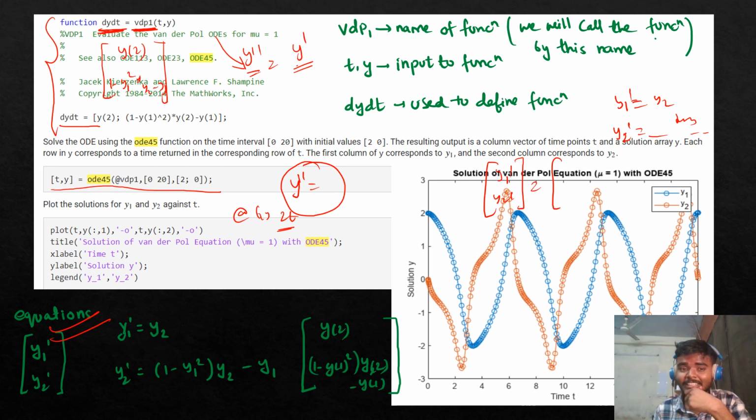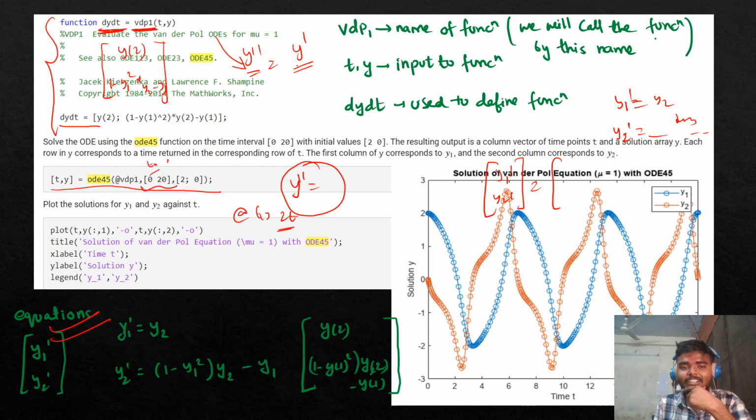That's why I have defined a function; otherwise I would have to write all these things here. To avoid this, we have defined a function that is a one column vector, so that we can directly call it at the rate VDP1. It means we wrote this column vector here. And then we have defined the T naught, TF.